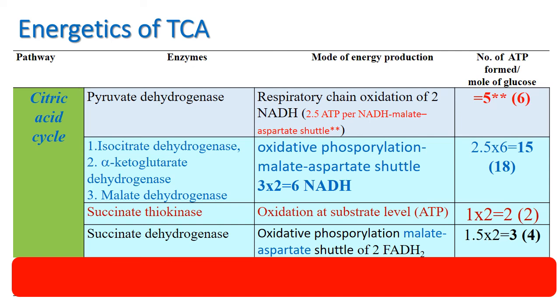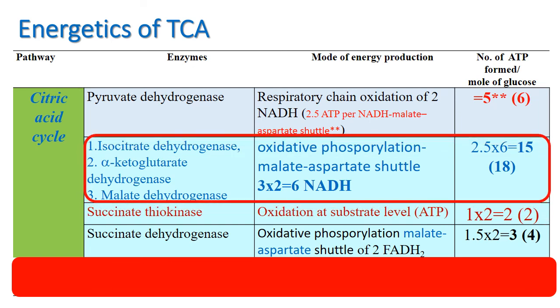So the total NADH will yield 15 ATPs. Then succinate thiokinase is the next step. There is a substrate level phosphorylation, and there is a production of 1 ATP, because there are the 2 acetyl CoA in the cycle, so 2 ATPs production.